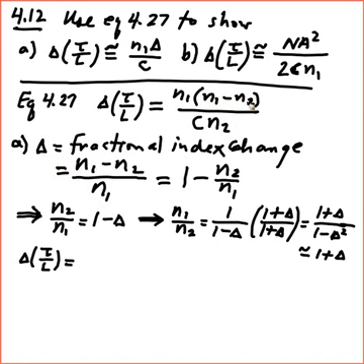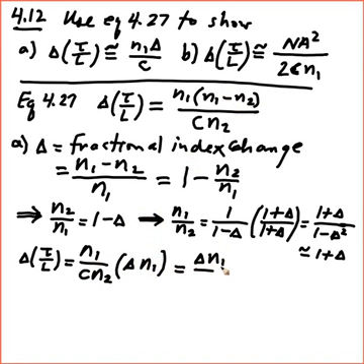So I get delta times n1 squared in the numerator. So I get n1 over c n2 times n1 minus n2, which is delta n1. And so I get delta times n1 over c times, and then I'm going to take the other n1 from the numerator, put it here, and put the n2 down here.